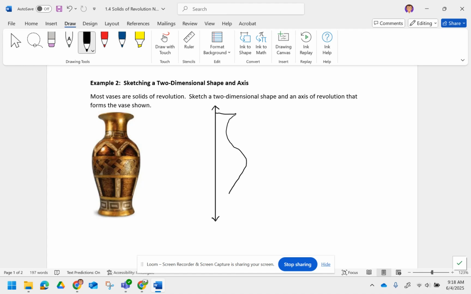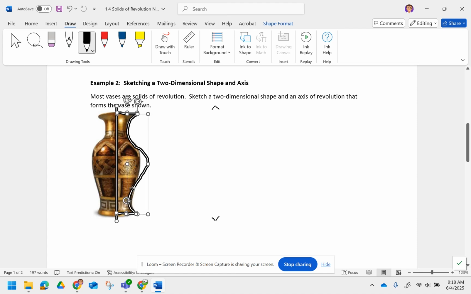You'll notice my artistry is lacking somewhat, but you know what? That's okay for our purposes. Yeah, we got the generalized shape. And if we really want to see how accurate I was, just to laugh at me a bit, let's go ahead and drag that over, see how closely I eyeballed it.